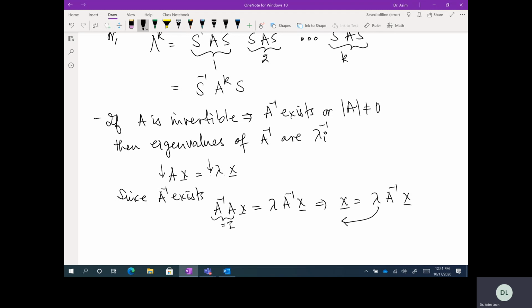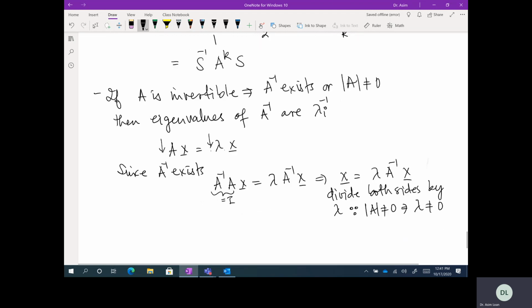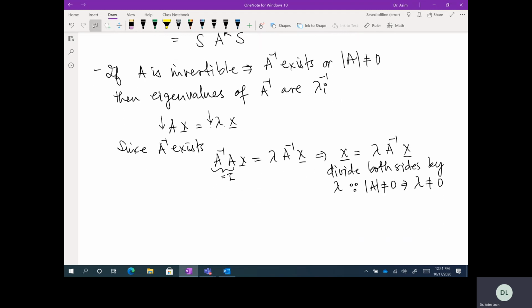What if I take lambda on this side? I can divide both sides by lambda. Why can I do that? Because A is non-singular, which means lambda is not equal to 0. So none of the eigenvalues is 0.